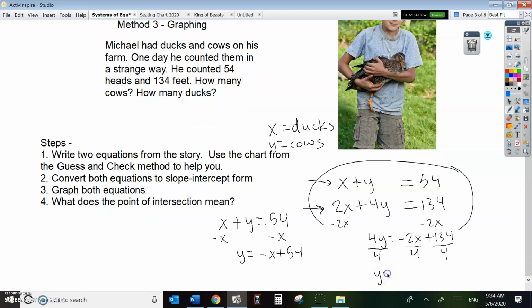So y equals negative 2/4 x plus 134 divided by 4, which is 33.5.